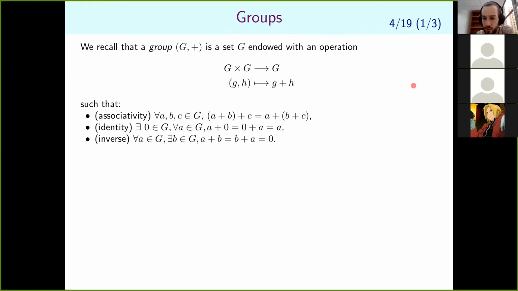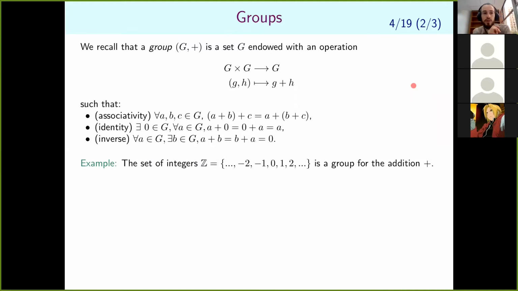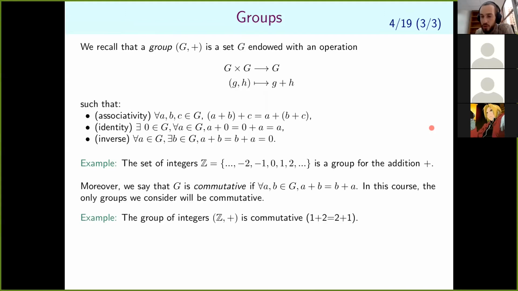And we will have a particular look at the group of integers today. Z, the group of integers, is a group for the addition. And a convenient property of groups is commutativity.